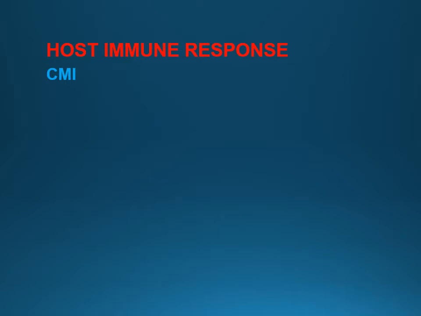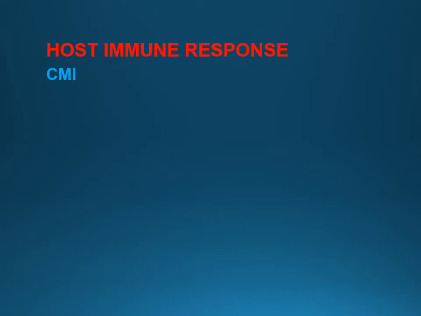Now when our immune system gets activated, we have two immune responses, the cell mediated and the humoral response. In the case of tuberculosis bacteria, the main role is played by cell mediated immunity, because the humoral immunity also helps in formation of antibodies, but these antibodies are not protective antibodies.